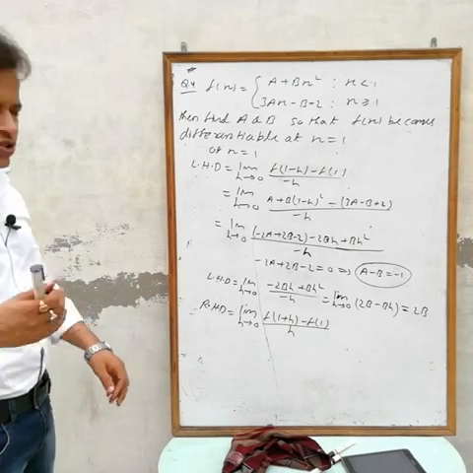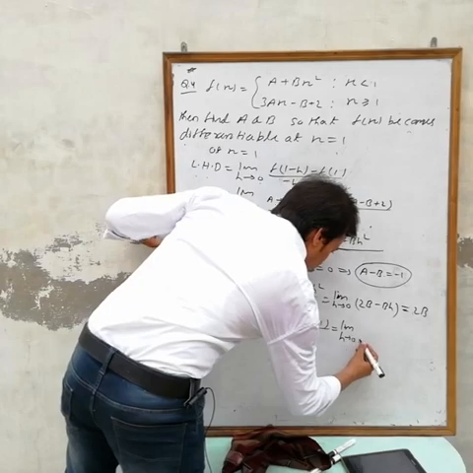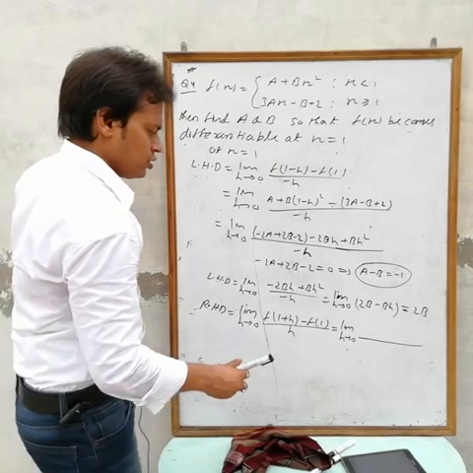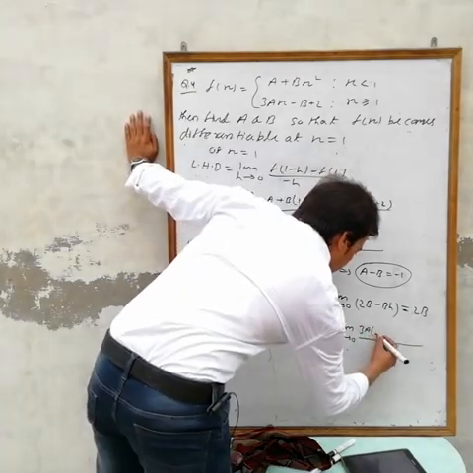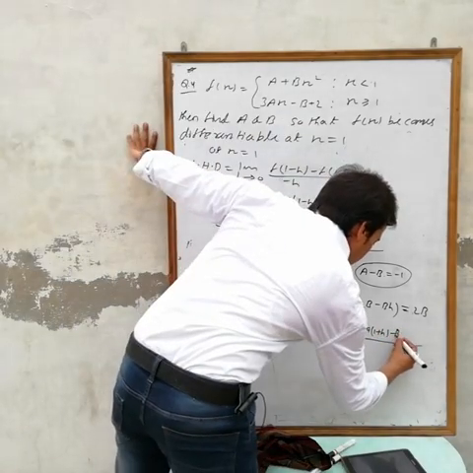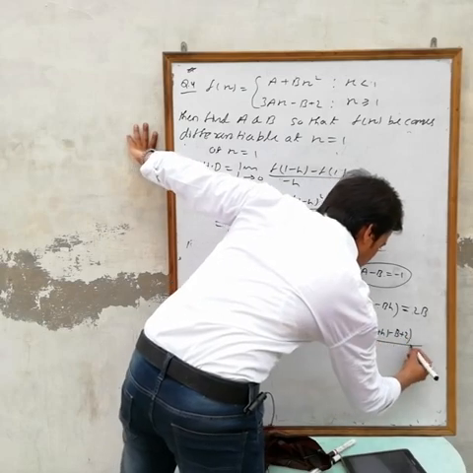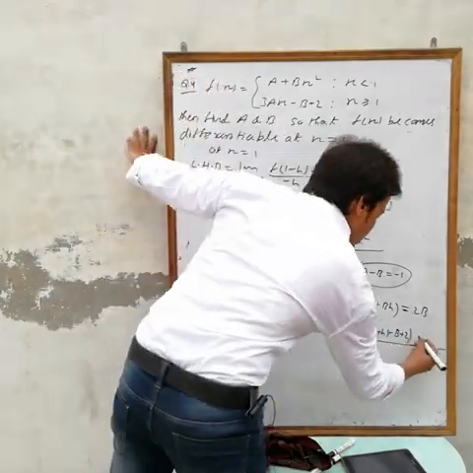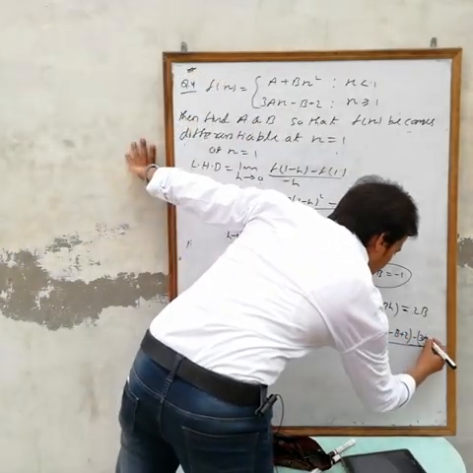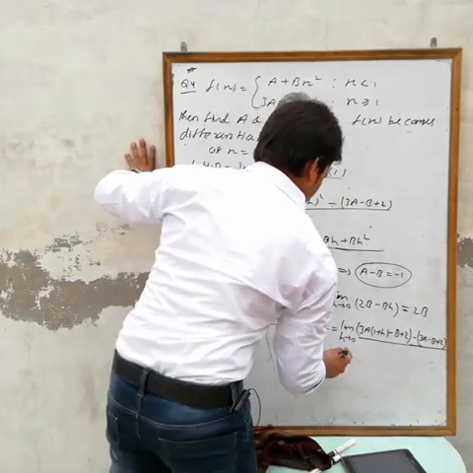At x equals to 1, put the values: limit h tending to 0, f(1 plus h), x is greater than 1, so put 3a times (1 plus h) minus b plus 2. This is f(1 plus h) minus f(1). f(1) is, put x equals to 1, 3a minus b plus 2. And divided by h.